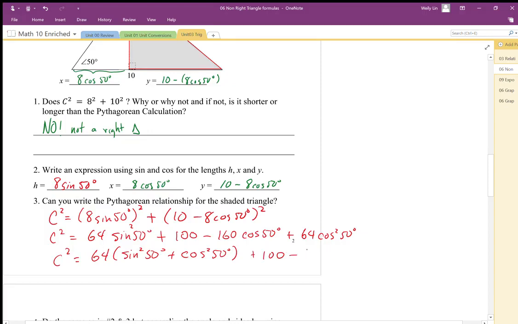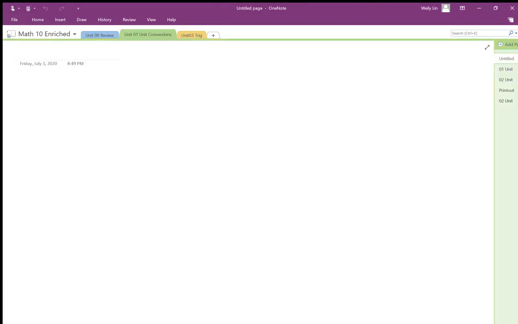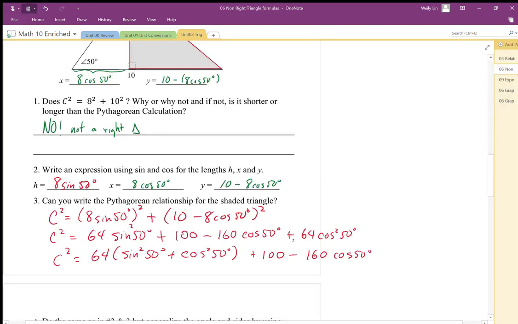Let me just finish writing this out: minus 160 cosine of 50 degrees. This identity works out to be 1, and so that just simplifies down.